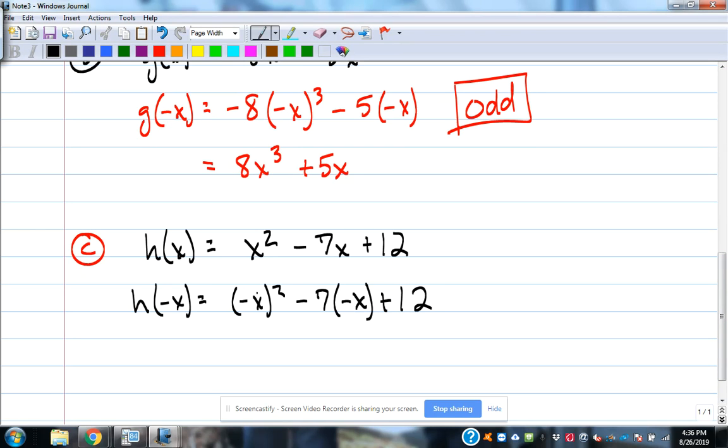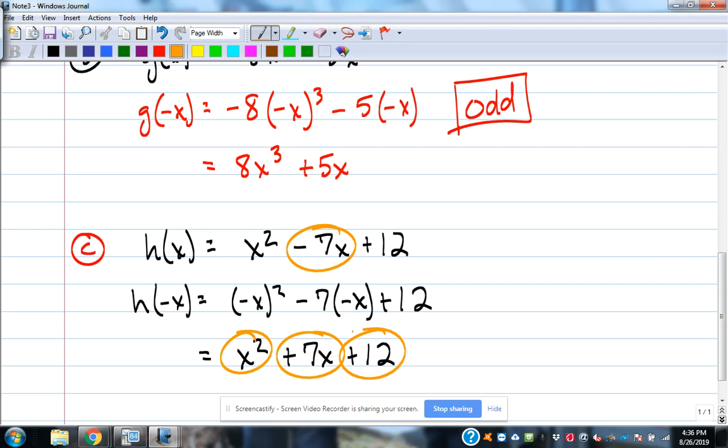Well, what happens here when I square negative x? I get x squared, the same thing back. But what's negative 7 times negative x? It's positive 7x. Is that exactly what I started with? No, that's different. Is it completely the opposite of what I started with? No, this one's not the opposite, and neither is that one. So it doesn't fit either of those bills. It's a mix of even and odd exponents, and this one doesn't even have an exponent. So this would be a neither problem.